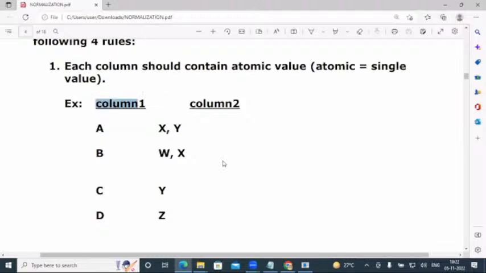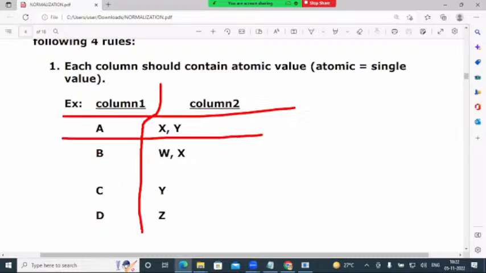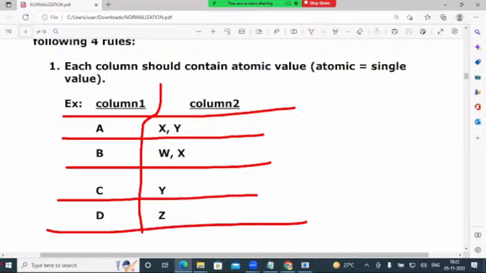Column 1, column 2. This is my first column, and it has some rows: first row, second row, third row, fourth row. In column 1, each and every row cell has how many values? A single value, so this is correct, no problem.